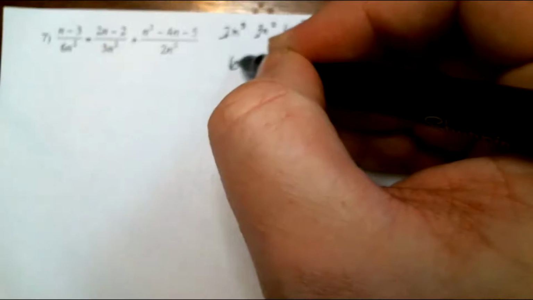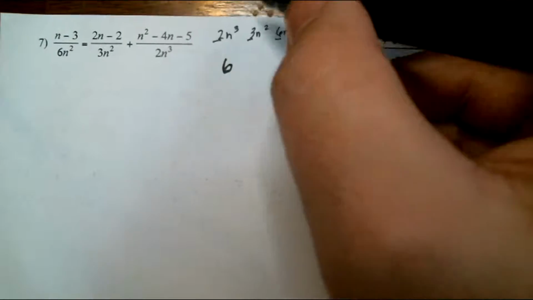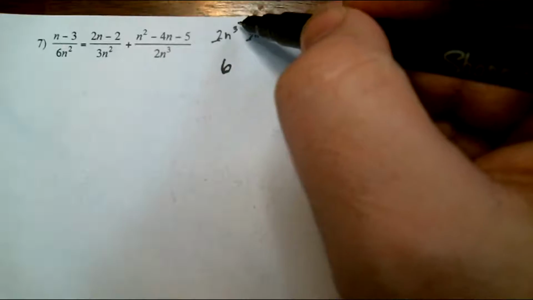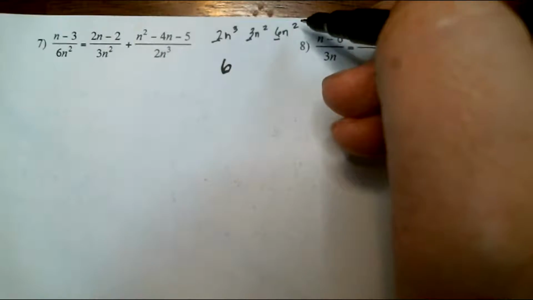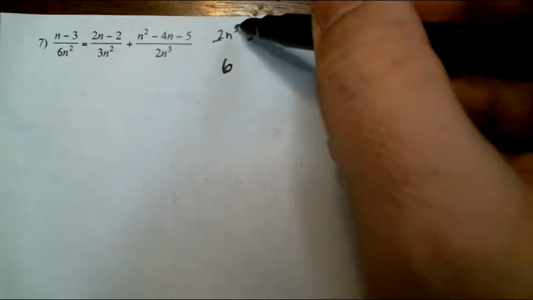So we know that when we multiply all those by 6, because 2 will go into 6, 3 will go into 6, and 6 will go into 6, it's going to cancel all those. But then I have an n cubed, an n squared, and an n squared. Well, I know n squared would take care of both of these, but it wouldn't take care of this one right here.